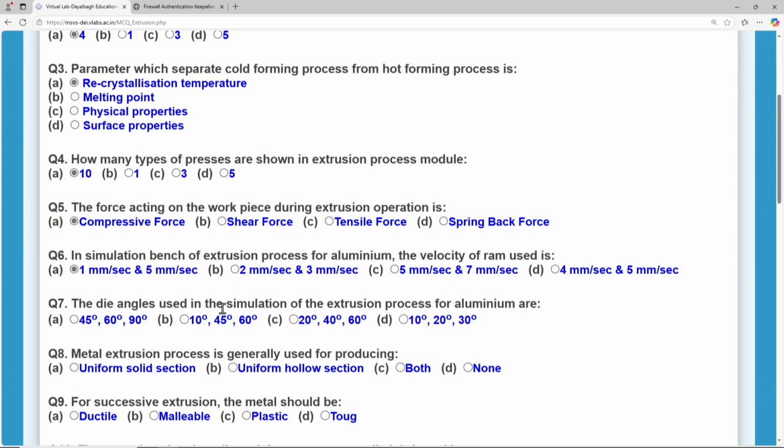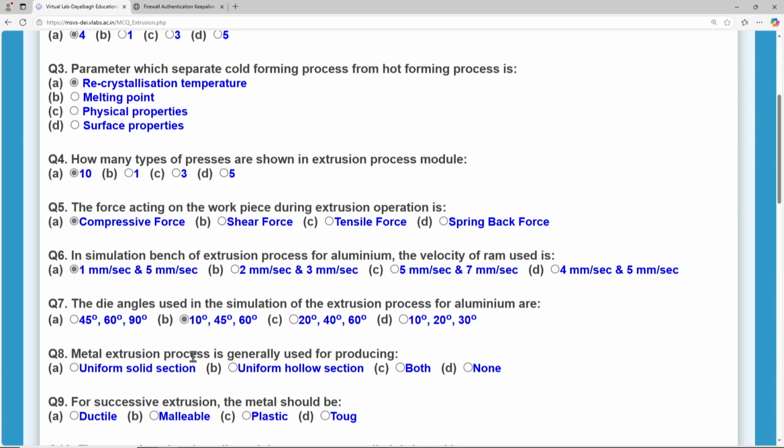The die angles used in the simulation of extrusion process for aluminium are, I can't recall, let me pick, it was 60 degrees, maybe answer A, 45 degrees, 60 degrees, 90 degrees. I will pick 10 degrees, 45. Let me pick a wrong answer as well, then we will see what happens.